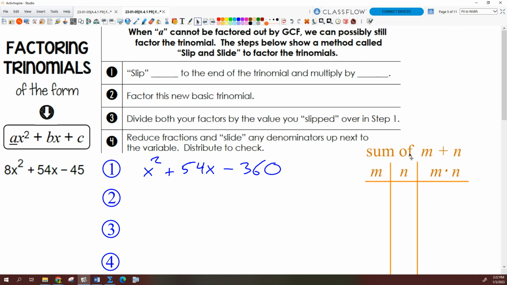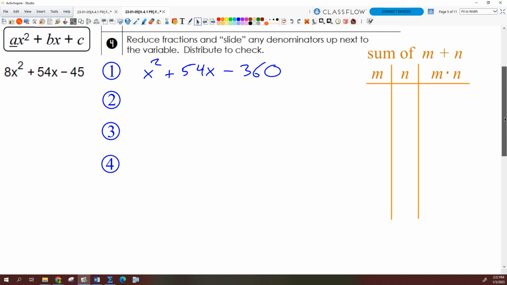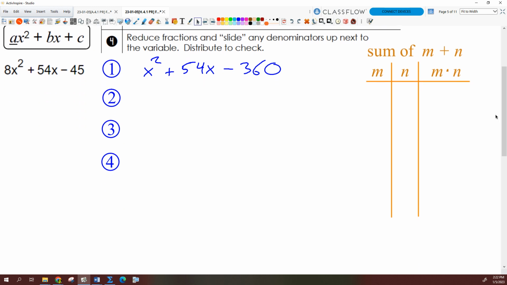Okay, so the sum this time equals 54. The positive number is bigger, so we'll make that m. And let's just start off with something like, well, actually, can you see what it is? 60 and 6, isn't it?